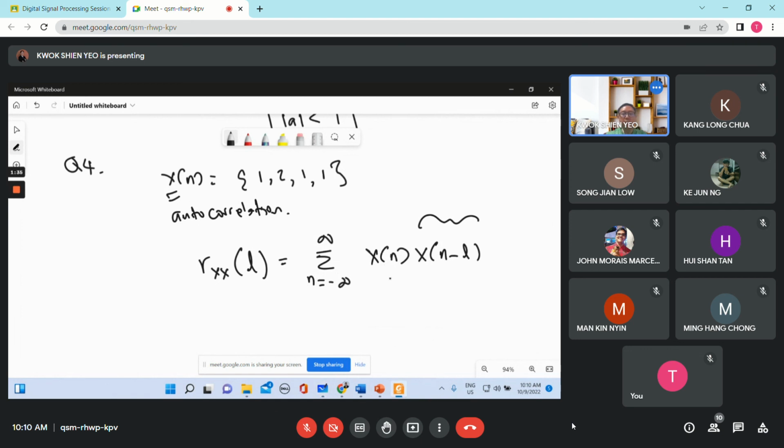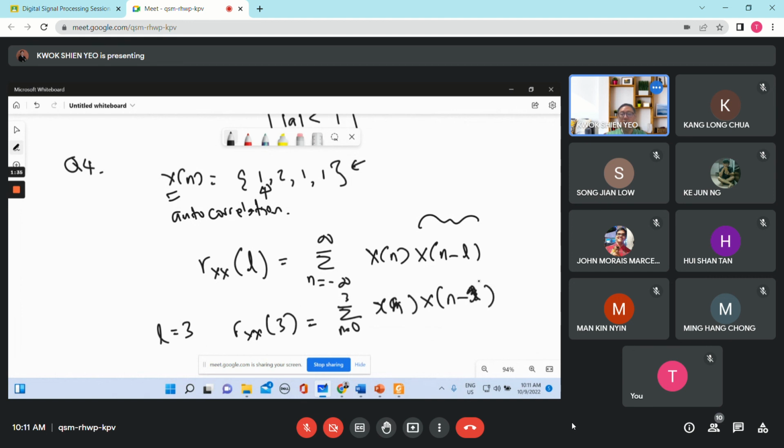So we'll do one by one. Let's look for l equals 3. So Rxx3 equals the summation, with n from 0 to 3. Assuming this is 0, from 0 to 3, xn times xn minus l, where l is now 3.